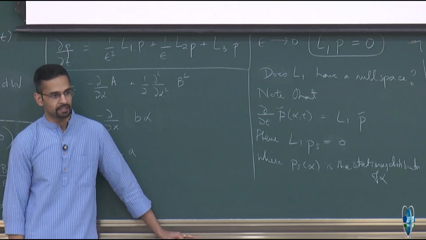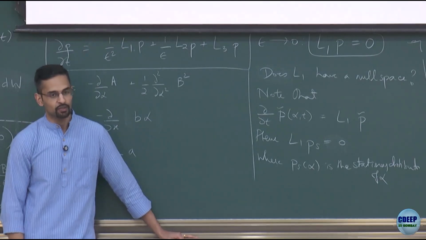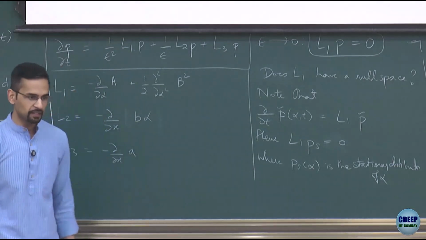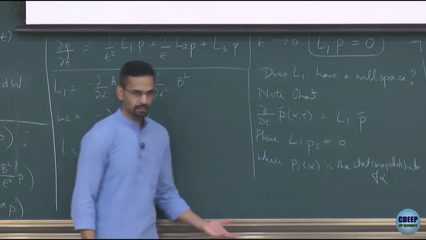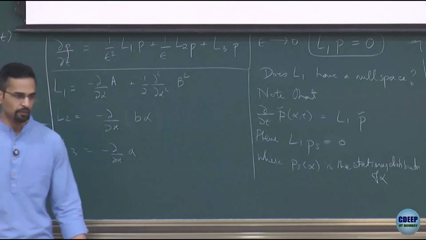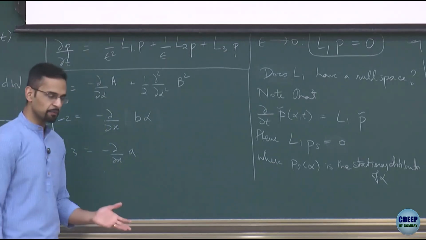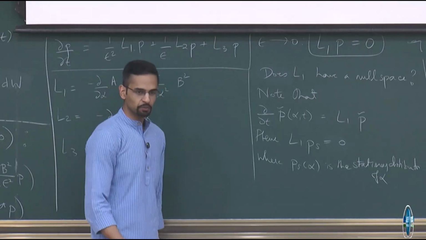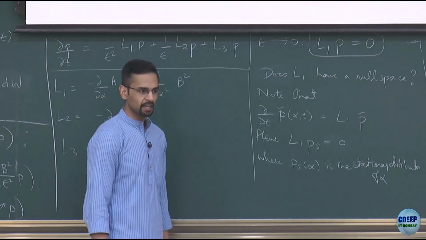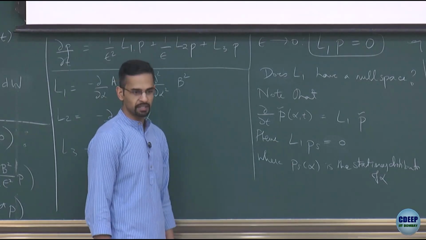So that's the key idea, that it's not some general operator L1. It is a Fokker-Planck operator. That means it governs the probability distribution of this alpha. And because I know that I'm going to look at alpha which has a stationary distribution, that corresponding PDF of alpha when it is at stationarity will definitely be the null space of L1.